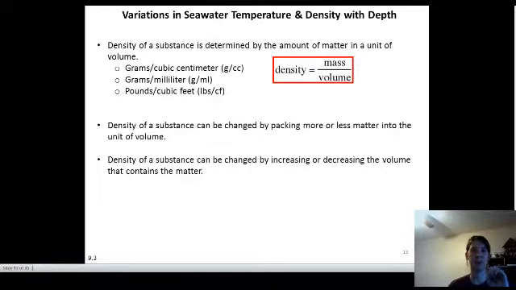The density of a substance can be changed by packing more or less into a unit of volume. If you want to pack more, you're usually increasing pressure on your material to fit the same amount in a smaller unit of space. And the density of a substance can also be changed by increasing or decreasing the volume that contains the matter. So we know that the ocean space that contains the matter is not changing.